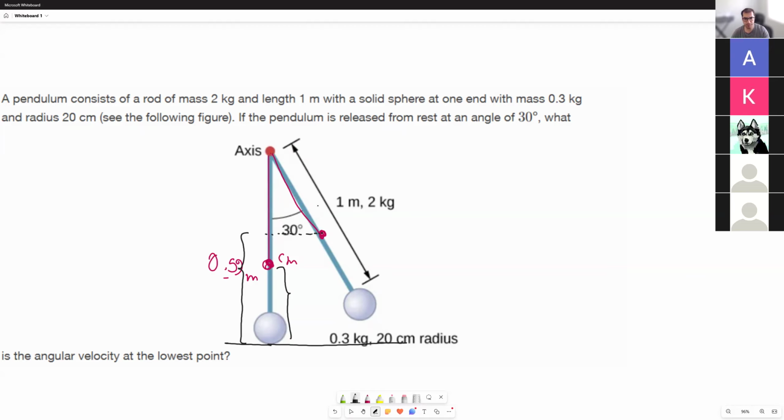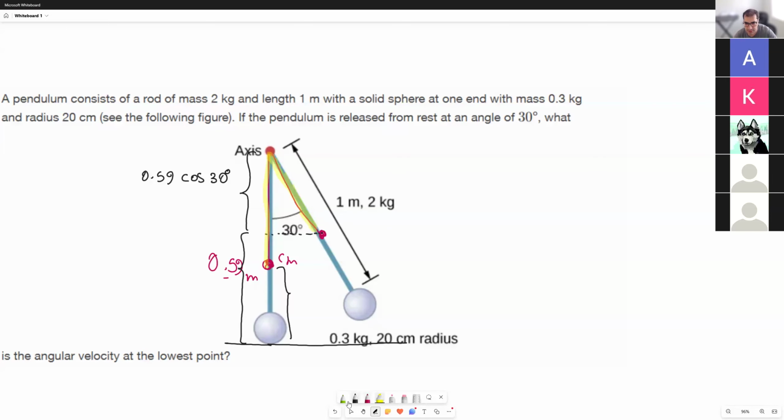So this height is how much? It is 0.59 cos 30 degrees, right? Let me highlight the triangle that I'm referring to. This and this are exactly the same.